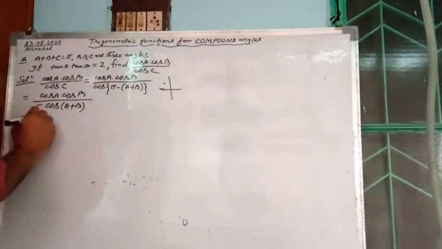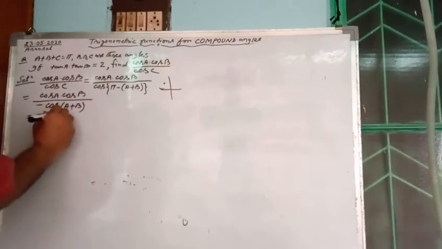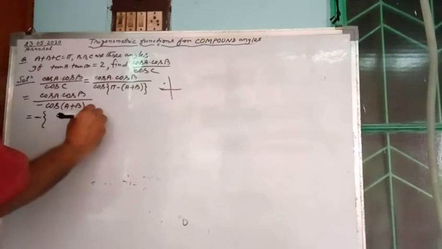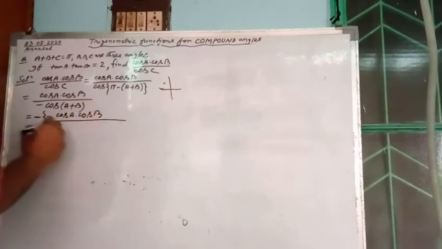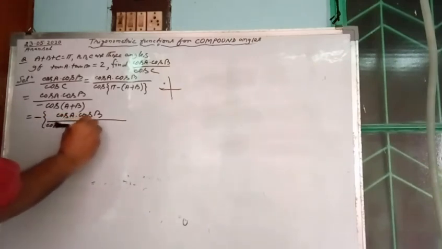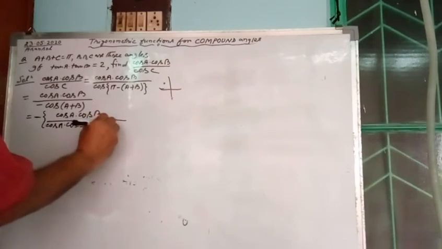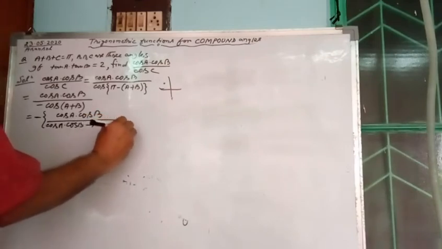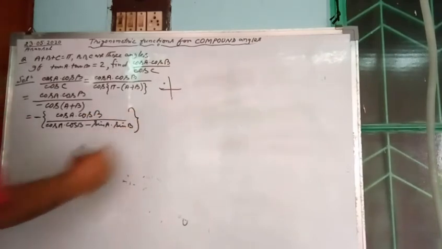Now we take this minus sign outside the bracket. This is equal to cos A cos B over minus cos (A plus B), and cos (A plus B) can be written as cos A cos B minus sin A sin B.